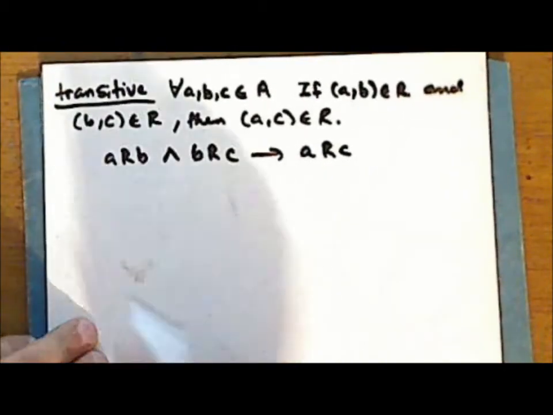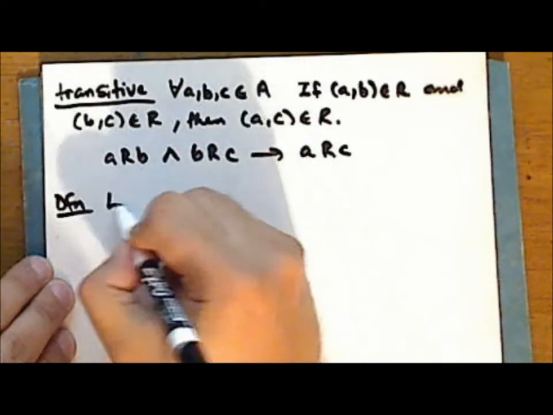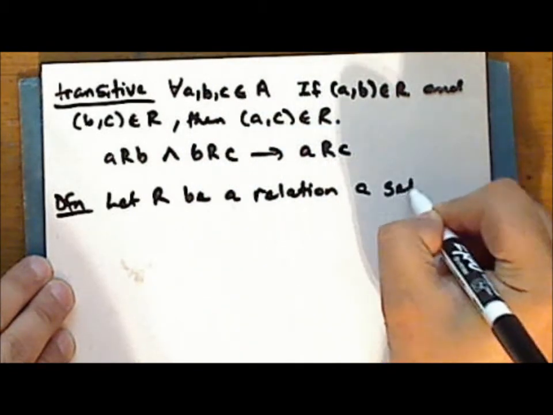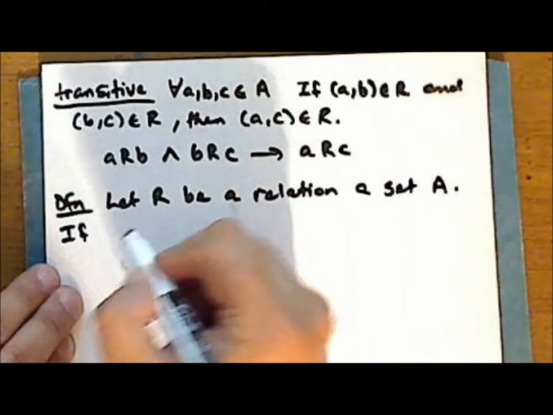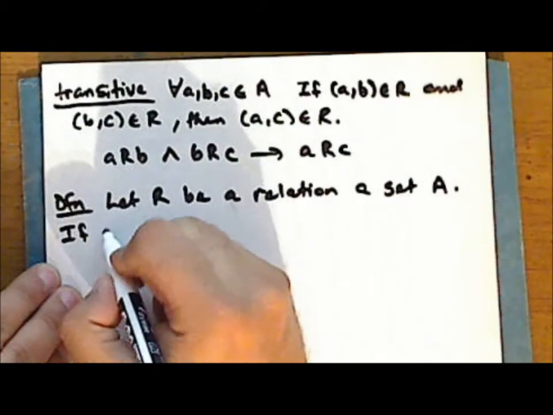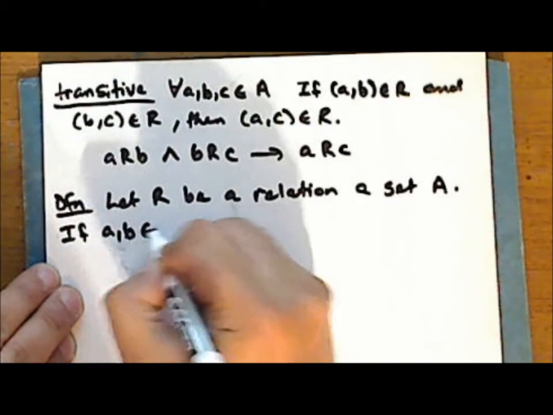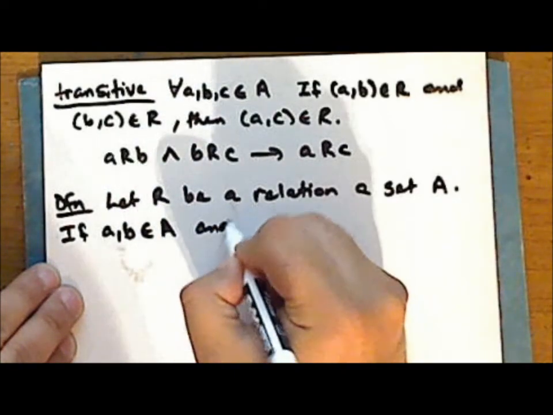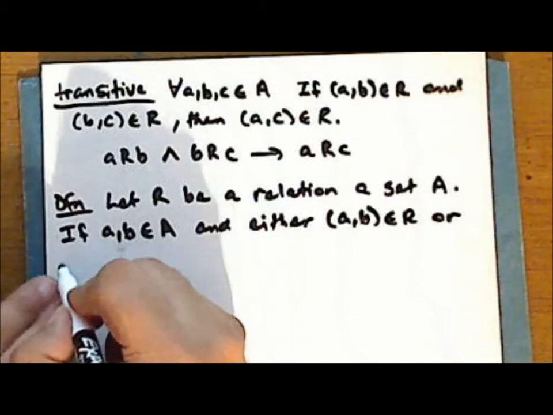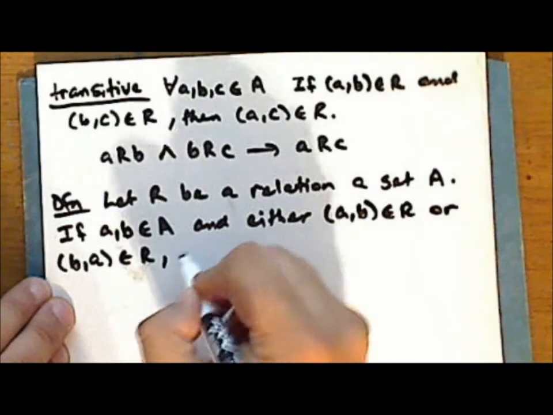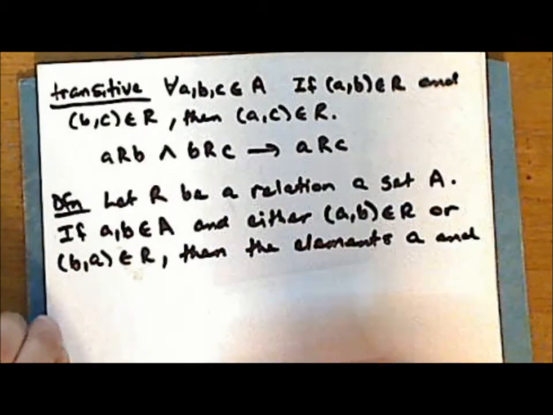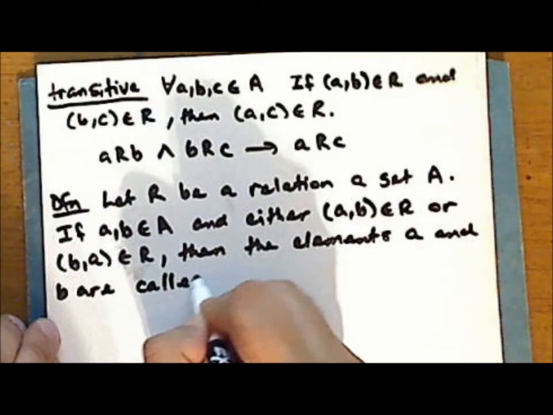All right? So now a new definition. Let R be a relation on a set A. If two elements a and b are in the set A and either the ordered pair (a, b) is in the relation or the ordered pair (b, a) is in the relation, then the elements a and b are called comparable.